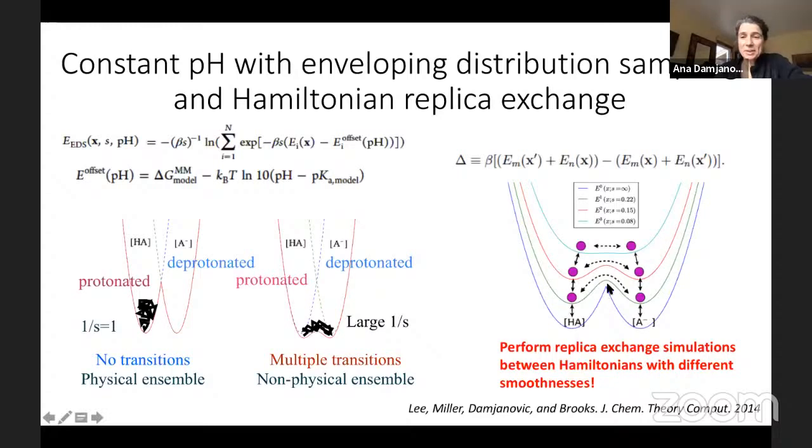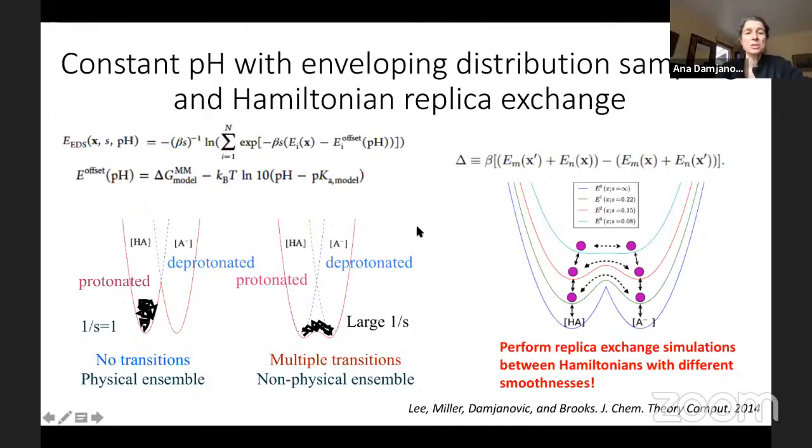You have your physical Hamiltonian that's non-smoothed, but the transitions are hard. And you have the smoothed Hamiltonian, which is non-physical, but you can easily transition. So in these constant pH simulations, you can sample at the physical Hamiltonian and still get transitions. You just have to have a lot of simulations.